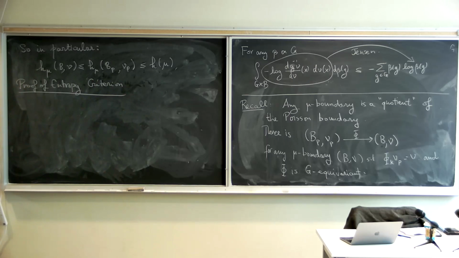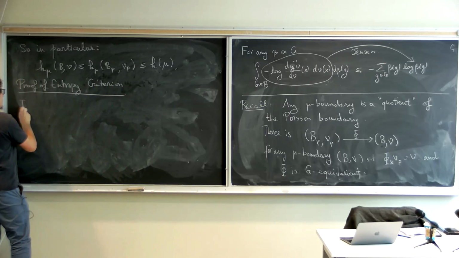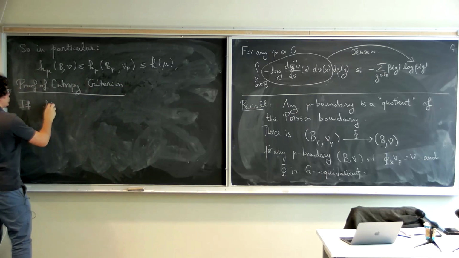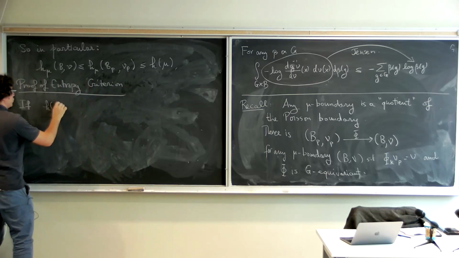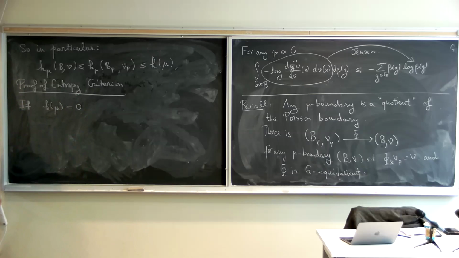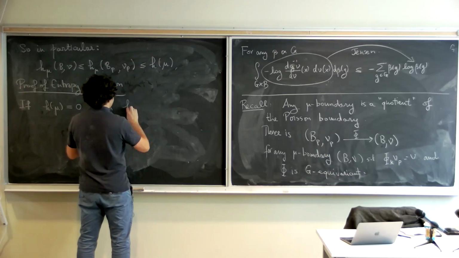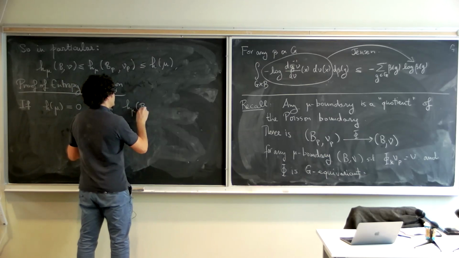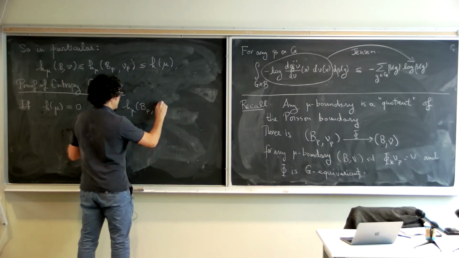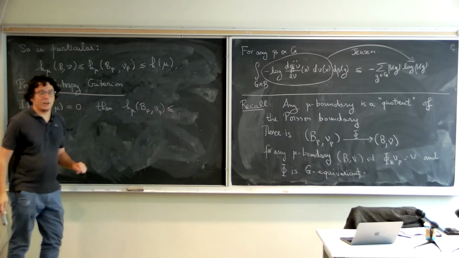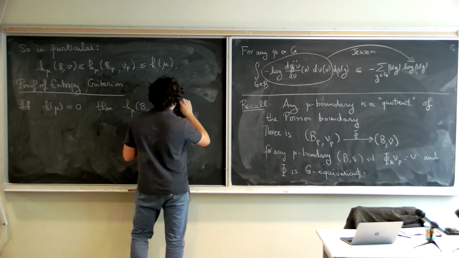Well, let's see. If h_mu is 0, so if the entropy of the whole walk is 0, then the entropy of the Poisson-Furstenberg boundary is less or equal than 0.